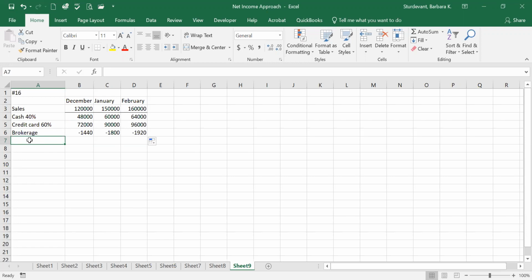I've always taught it this way. I'm just trying to see why I've always taught it this way. I'm just trying to look back in the book. I mean, it's not wrong to put it down below. I certainly would not mark it off. I've always just done it this way to show the net sales.